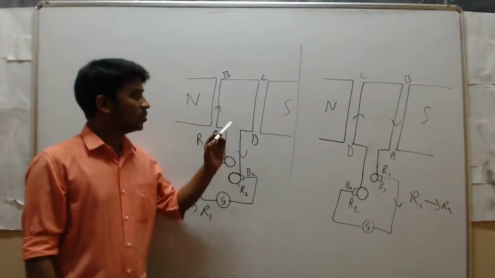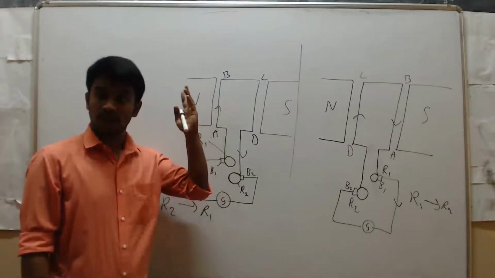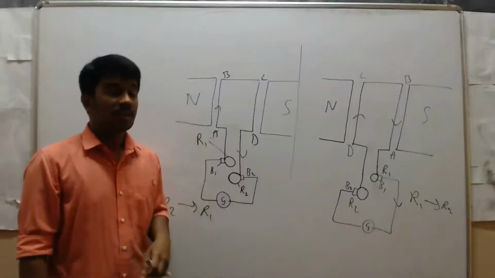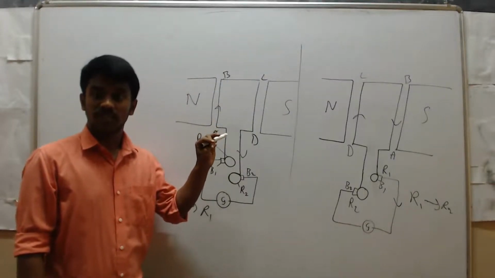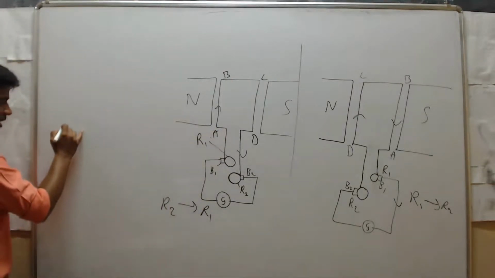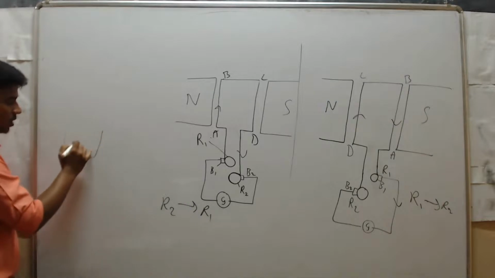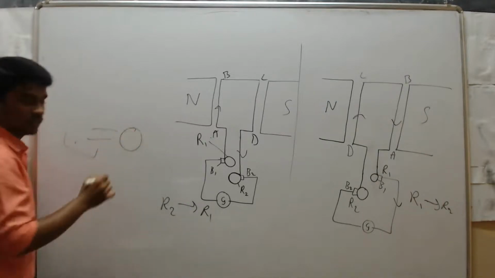At that time, how to generate it? We need current in megawatts, gigawatts, in that order. We have studied the sources of energy. First you burn coal, steam is produced, and you pass that steam to a turbine.